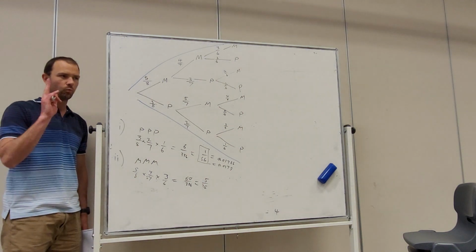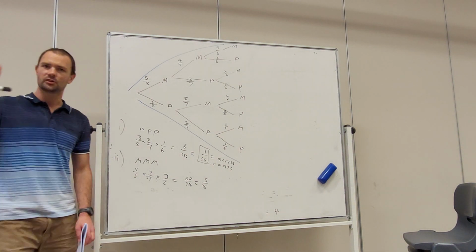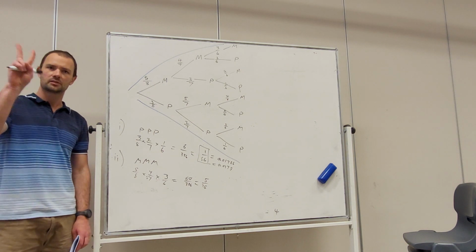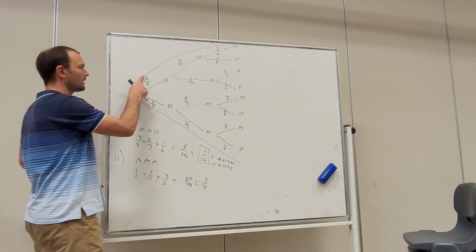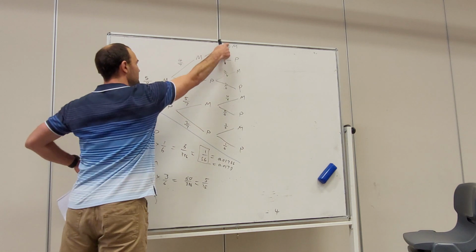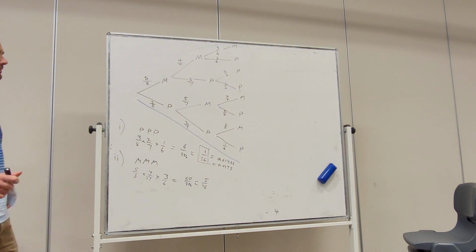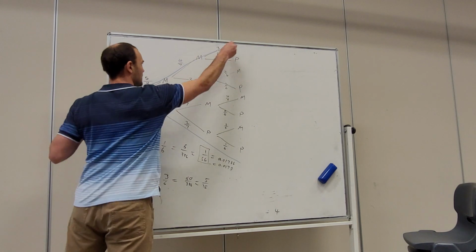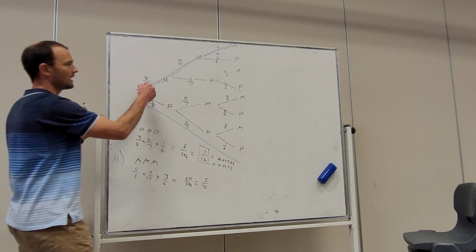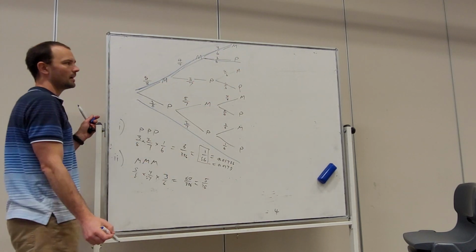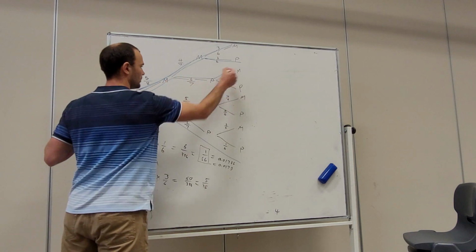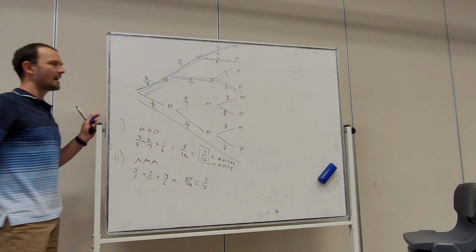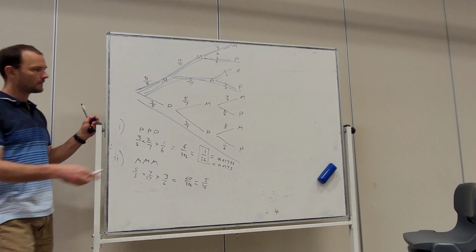Okay, at least 1 Mars bar. What this means is you could get 1 Mars bar, you could get 2 Mars bars, or you could get 3 Mars bars. So the way this event could happen, let's talk about all the possible events that satisfy this statement. You could get 3 Mars bars, you could get 2 Mars bars and a protein bar, all of that has at least 1 Mars bar, okay?